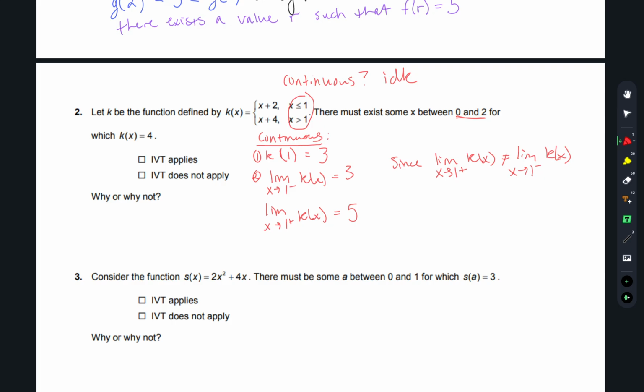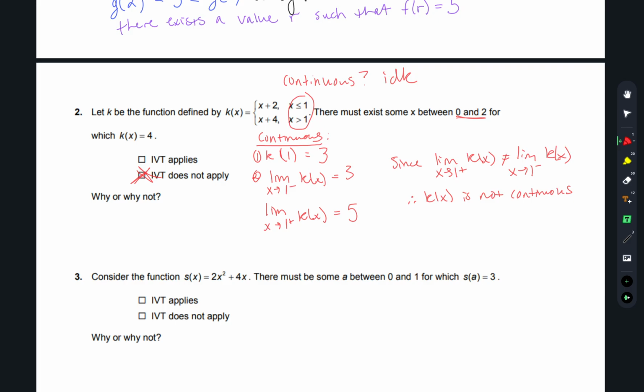So you just have to suck it up and write it anyway. Then you say, so it's not continuous. So you don't even have to do the whole shebang with the intermediate value theorem.